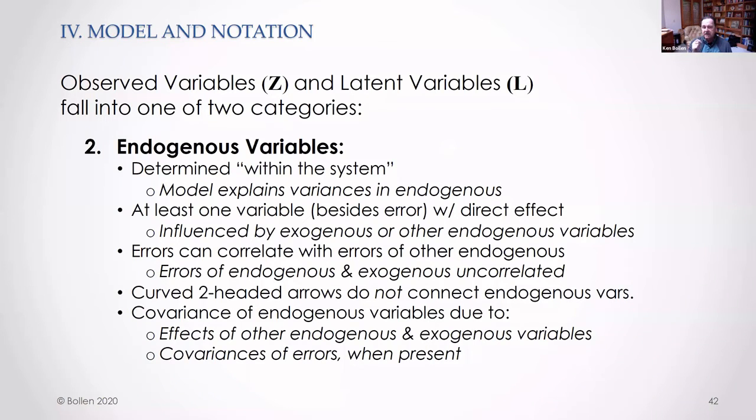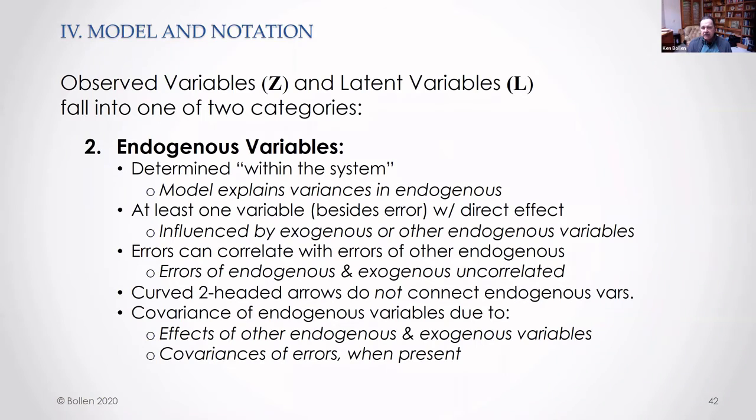They appear as a dependent variable in at least one equation. Now, these dependent variables are the usual ones that we can think of as substantive variables that we're focusing on explaining, what increases, let's say, social capital or a person's happiness or whatever we're trying to explain. Those are the very common ones we think of as endogenous variables.